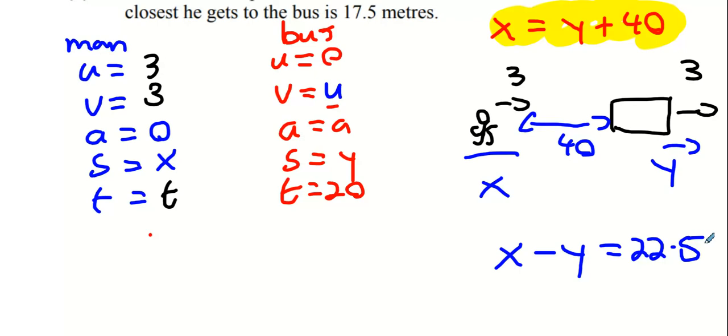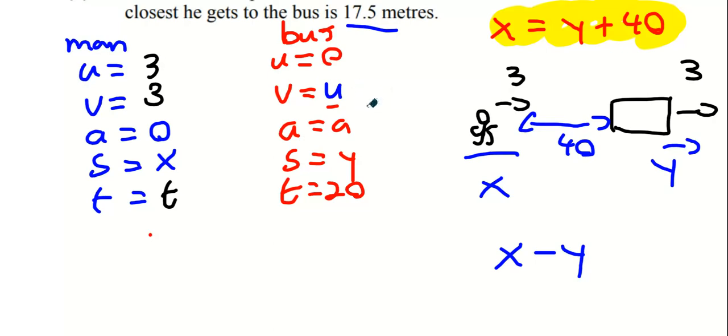Why am I hoping for 22.5? Because 40 take away 22.5 is actually 17.5 meters left. So we're hoping the man covers an extra 22.5. So we're going to do x take away y here. And we're hoping that's 22.5. Is that okay?